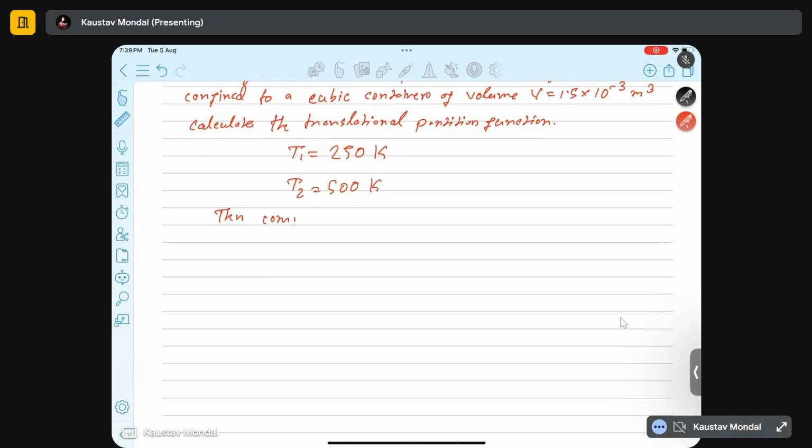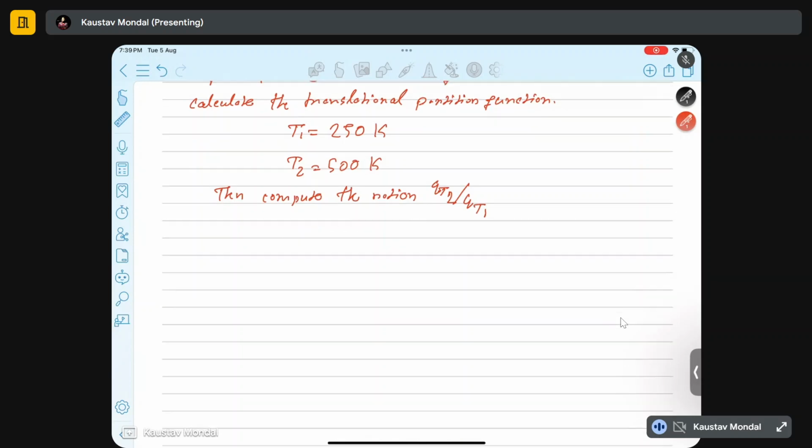Then compute the ratio of Q at T2 by Q at T1.